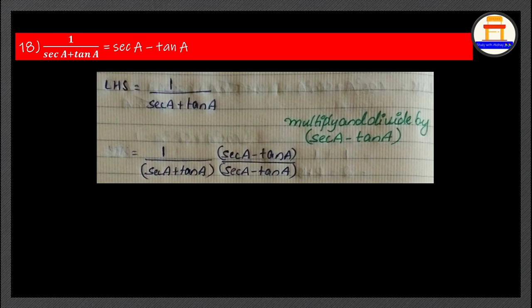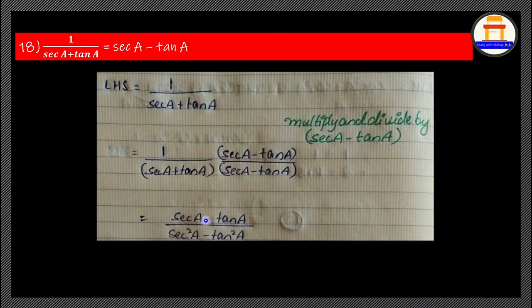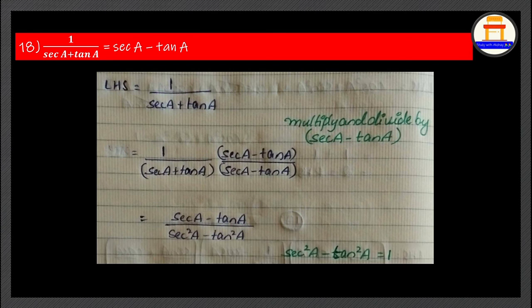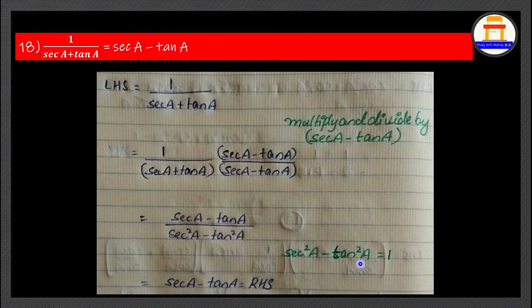In the denominator you can see it is in the form of (a + b)(a − b), so the a² − b² formula can be applicable over here. We get (sec A − tan A) divided by (sec²A − tan²A). Sec²A − tan²A is nothing but equal to 1. So we end up getting sec A − tan A, which is the expected result at our RHS.